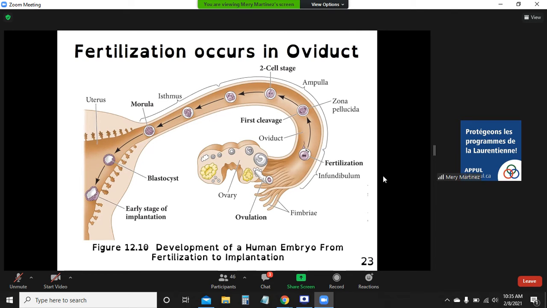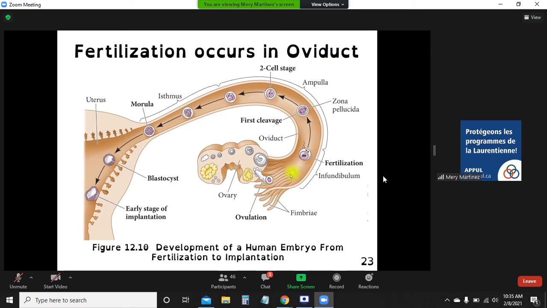So this is the development of the human embryo from fertilization to the stage of implantation. This is the ovary. We have the Graafian follicle that has released the ovule during ovulation. So the fimbriae catches that egg.